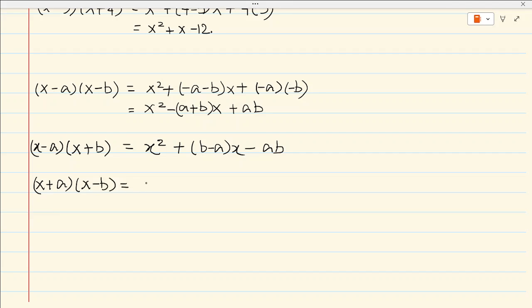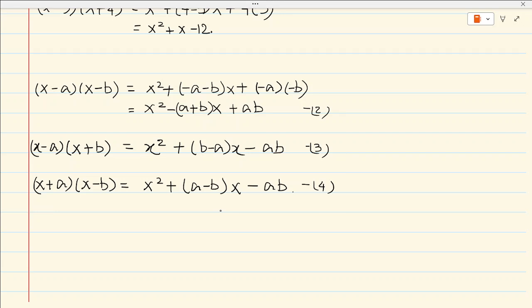So this will be x square plus a minus b into x minus ab. Suppose this is the second form, this is the third form, this is the fourth form. So I hope you understand how to multiply two binomial expressions of this form.